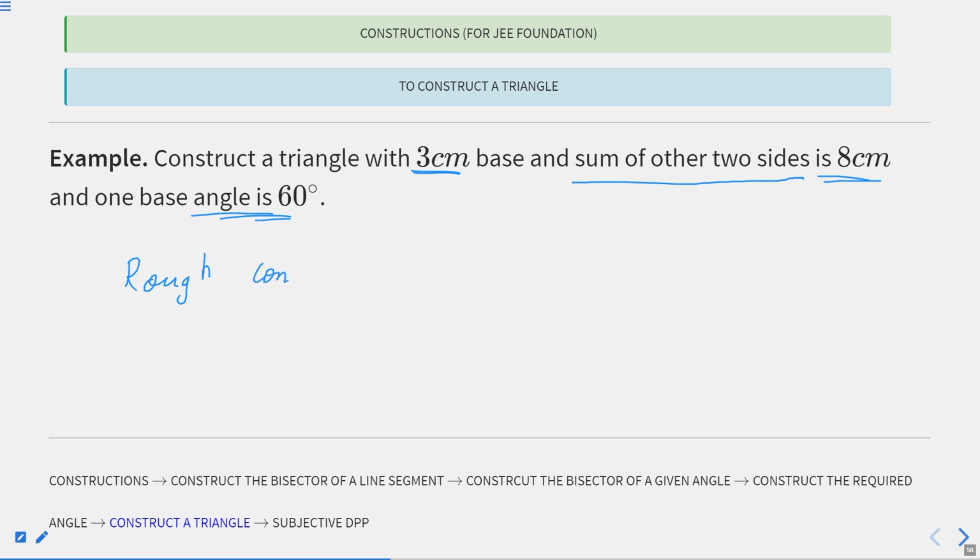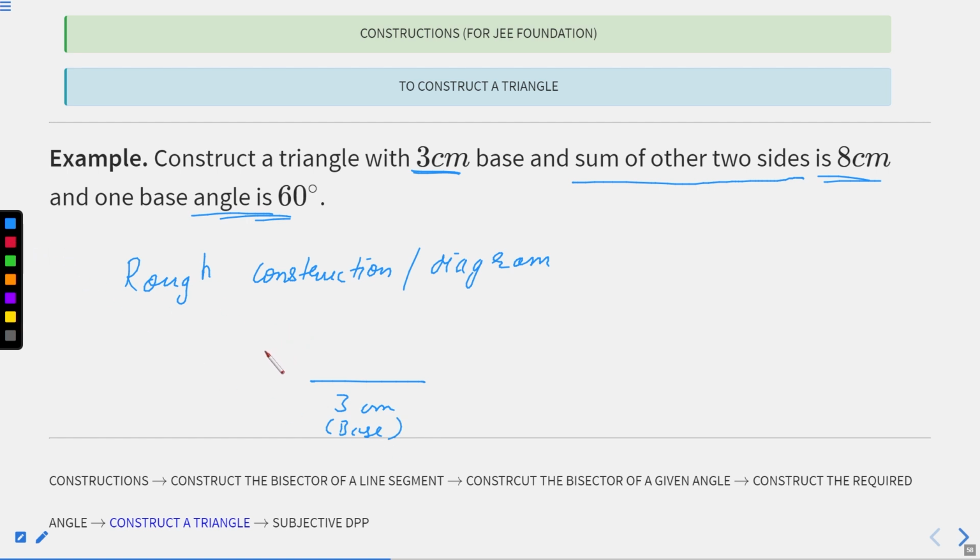Rough diagram. So the base is 3 centimeter. This is the base. And the sum of the other two sides is equal to 8 centimeter.